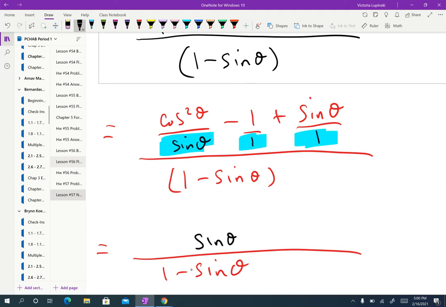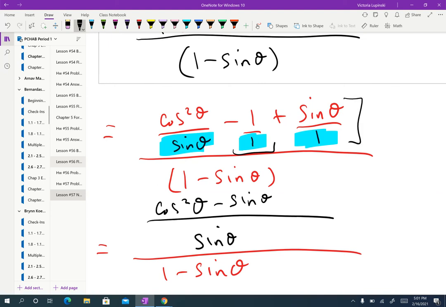So I'm now going to put everybody from the numerator over sine. So the cosine squared is going to stay a cosine squared. Then I have to multiply this middle term by sine over sine. So that's going to give me a minus sine. Then I have to multiply this third expression times sine over sine, which is going to give me a sine squared.